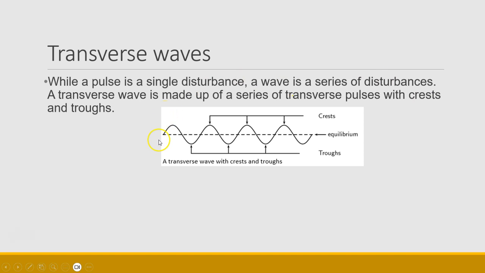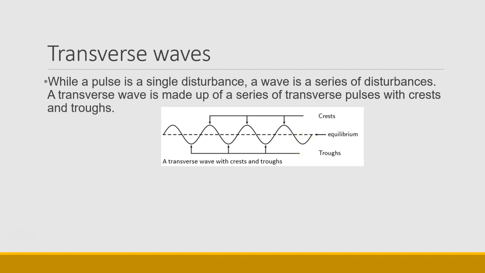So here we can see a crest, and here we can see a trough. And in between the crest and the trough is the equilibrium or the rest position. The distance here, which is known as the amplitude, from the equilibrium position to the top of the crest, is going to be equal to the distance from the equilibrium position to the maximum disturbance or the bottom of the trough.